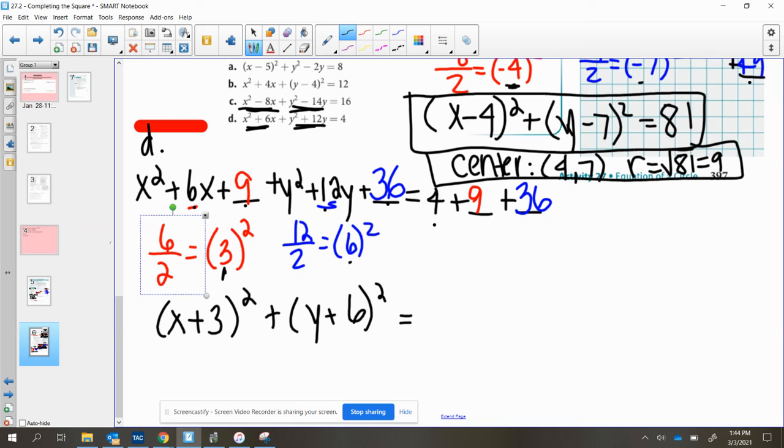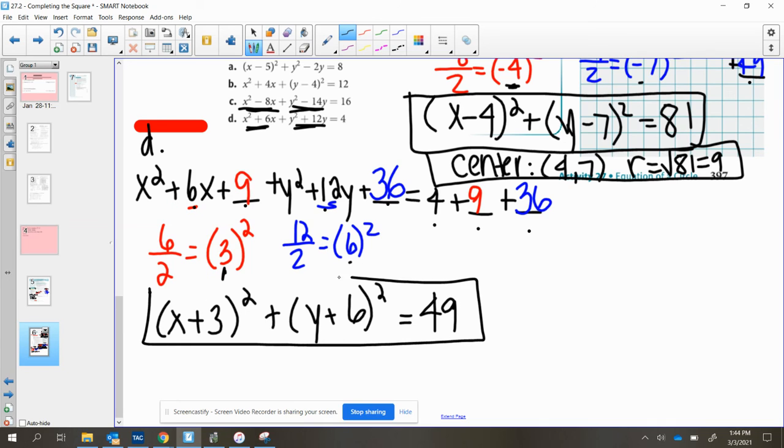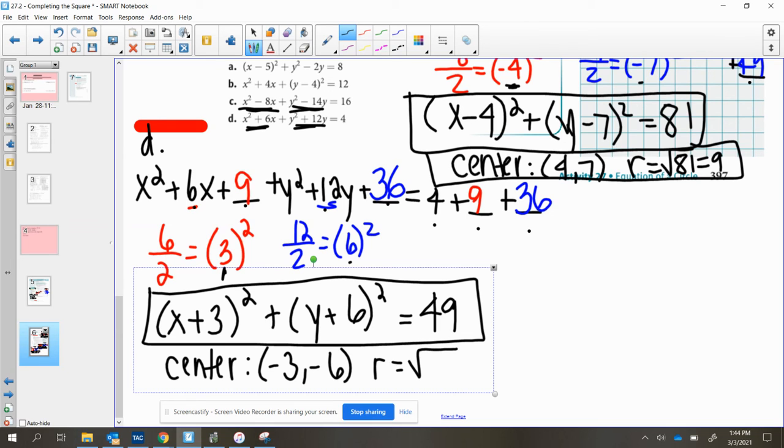And on the right-hand side, 4 plus 9 plus 36 is a total of 49. So here's our equation in standard form that now will tell us what our center is, as well as what the radius is, because we know that r squared is 49. R would just be 7.